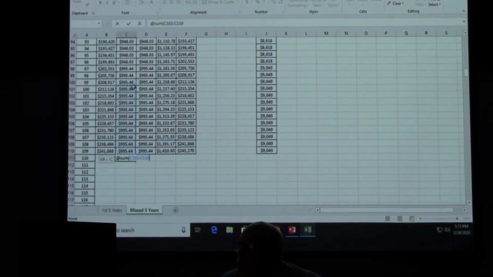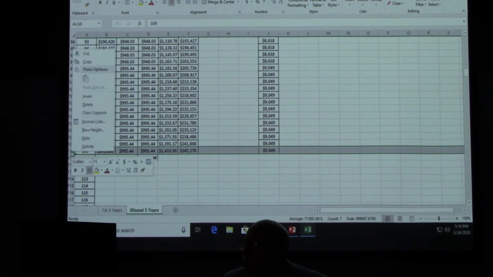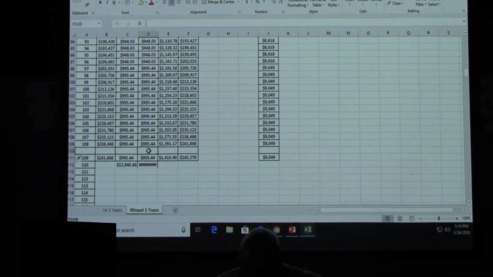Let's go all the way up through to here. Oops, too much. Went down one too many. So the cutoff is here. Whoops, that should be 12.